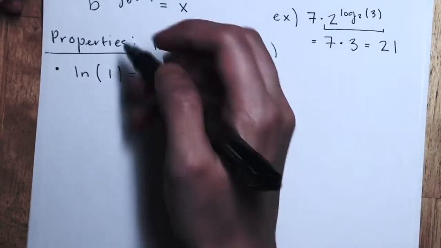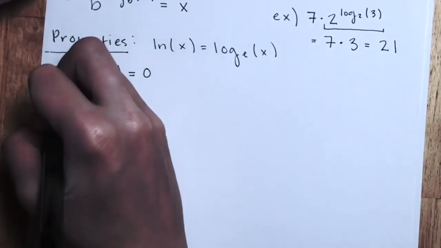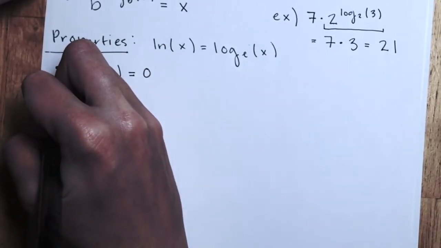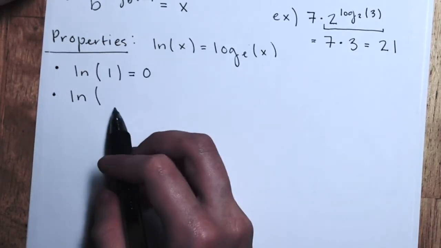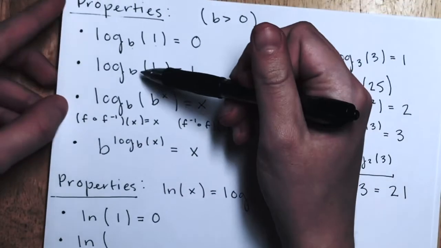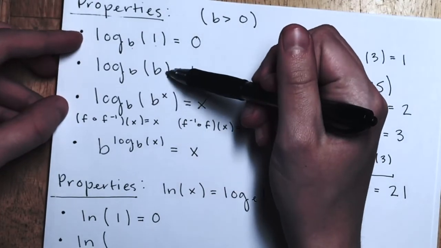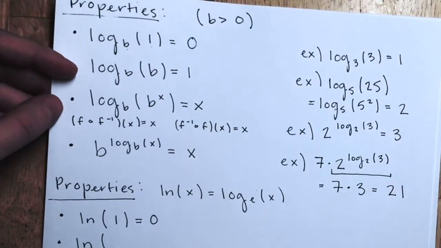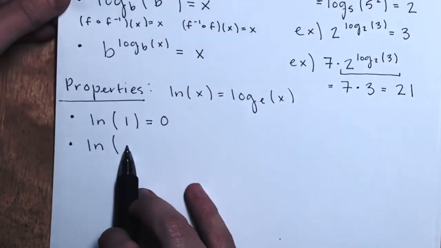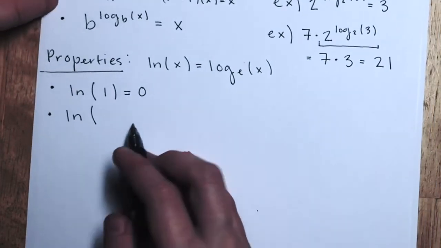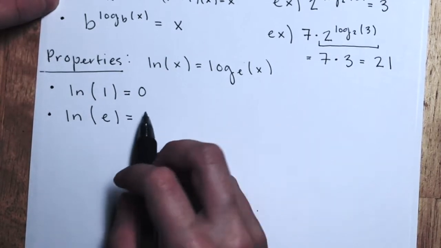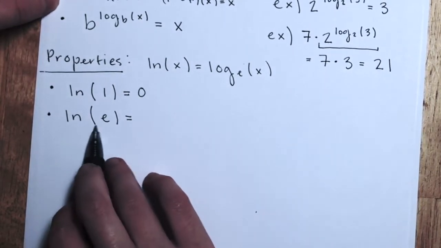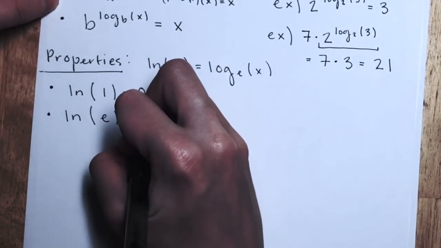So ln of 1 should also be 0. All right, so our second rule was log base b of b. So what is our base here? Well, our base is, again, e. So the analog for that second rule would be ln of e is equal to 1.